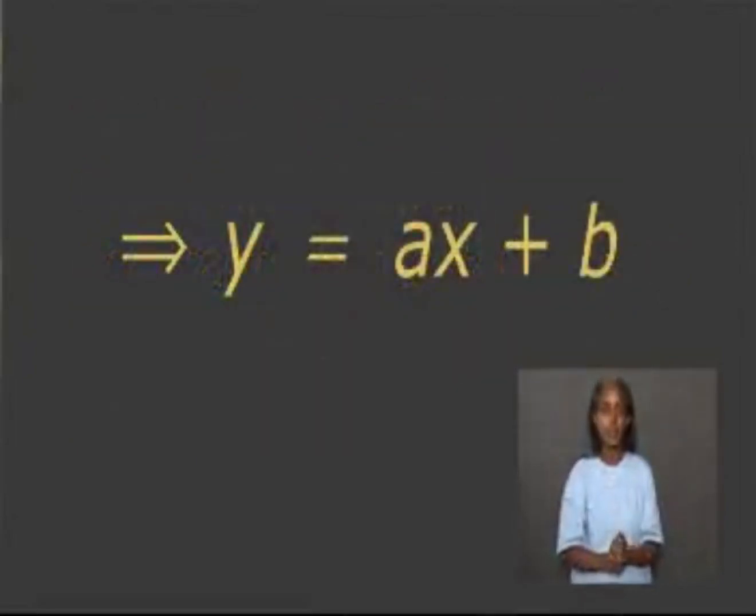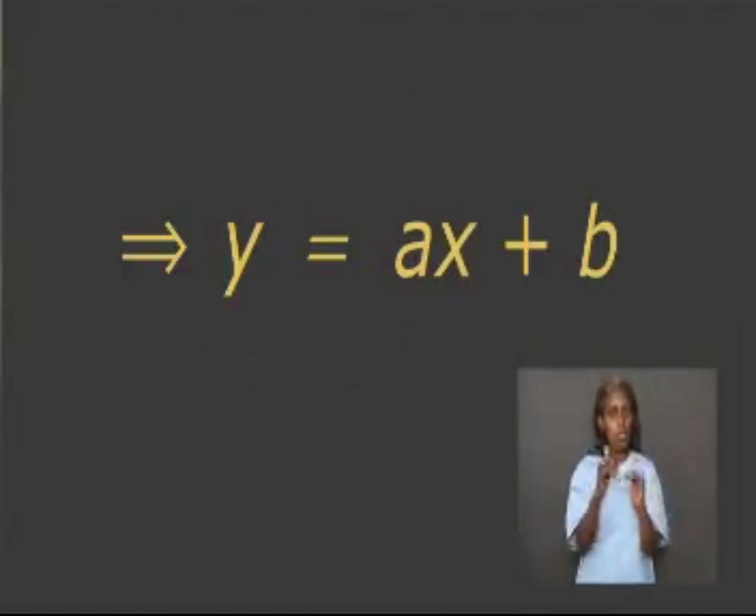An equation in two variables can be reduced to the more familiar form y equals a times x plus b.